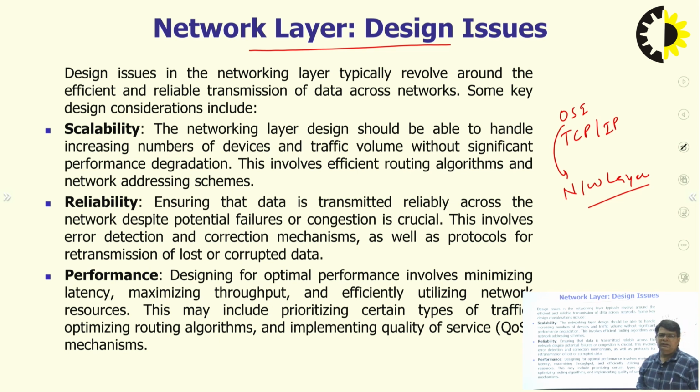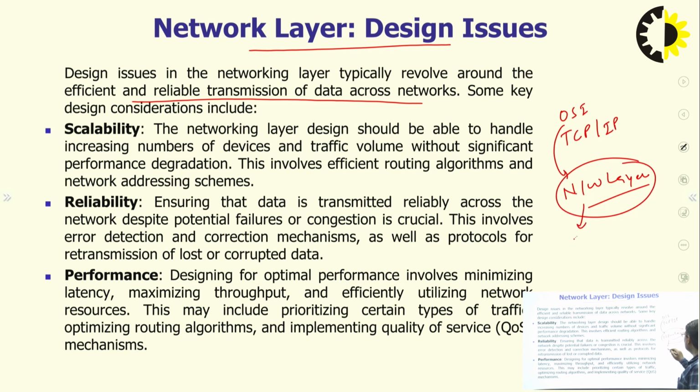and we know that this network layer is mainly responsible for the efficient and reliable transmission of data across the network. The main features that are provided by this network layer are, for example, maybe the routing, or we can say that flow control, or we can also say that the traffic or congestion is also maintained or managed by this network layer.